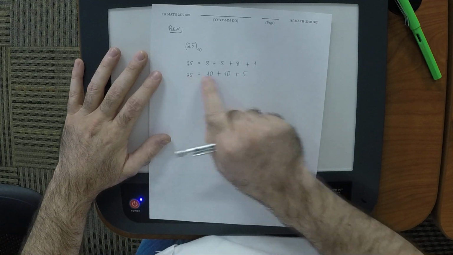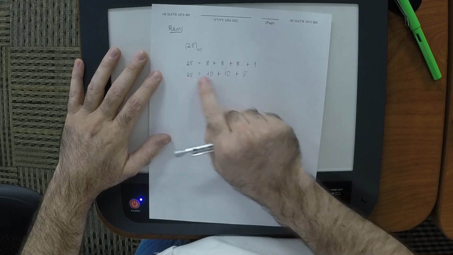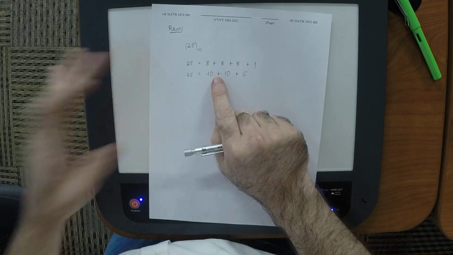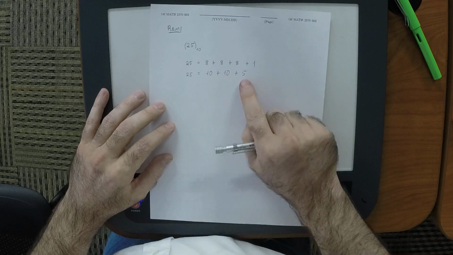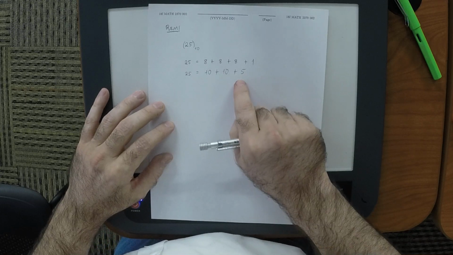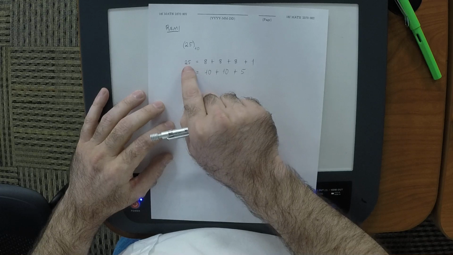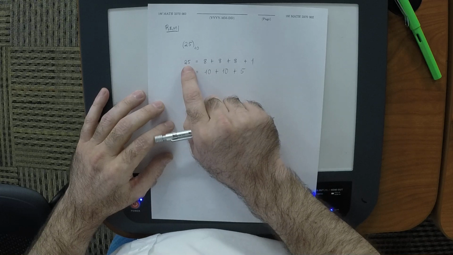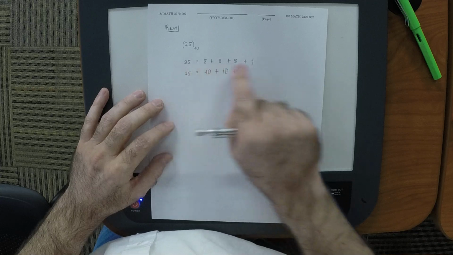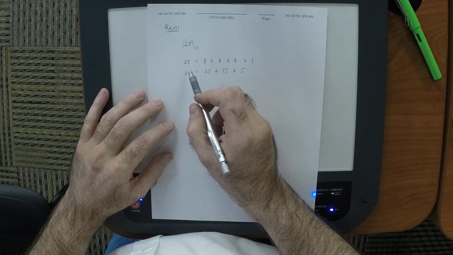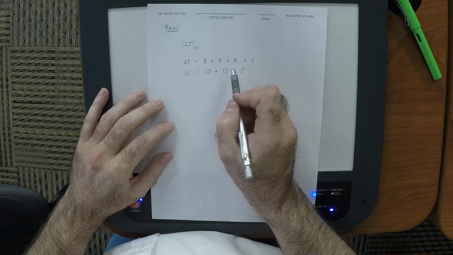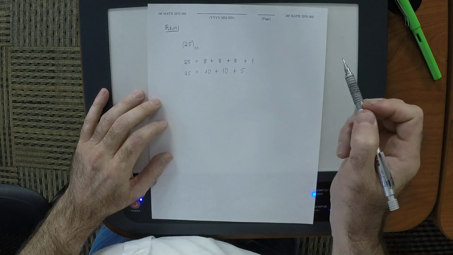So concerning 25, how many 10s does it have? It has 2 of them. And then there's 5 more. That's what 25 means. But if you wanted to write 25 in base 8, well, how many 8s go in there? 3 of them go in there, and then you'd have 1 more.